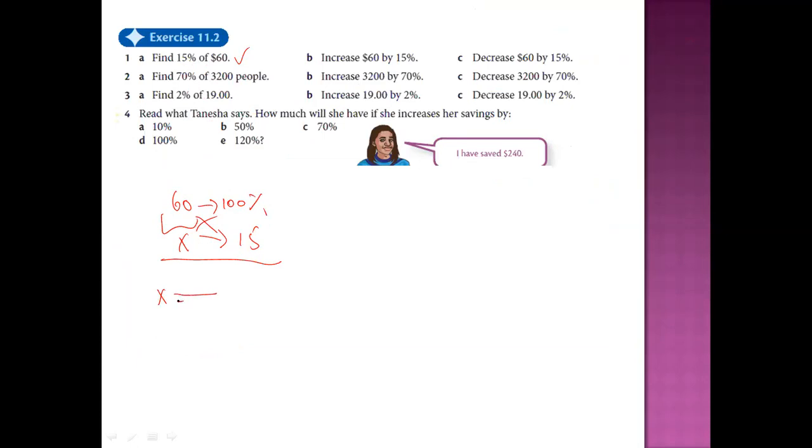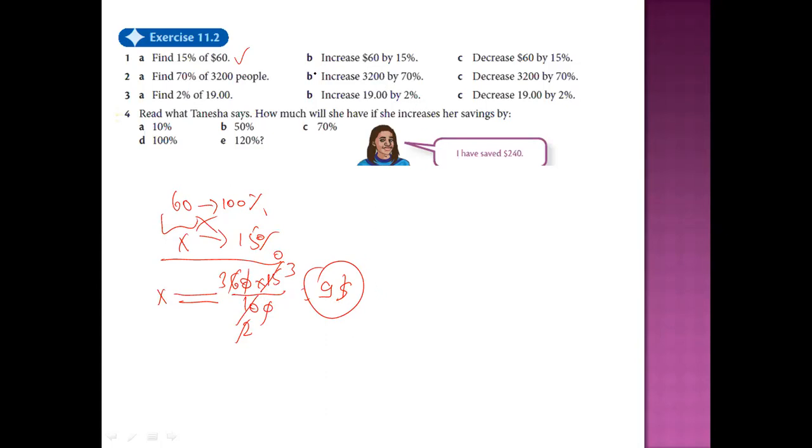X is equal to 60 times 15 divided by 100, the opposite of X. Simplifying the zeros, the common divisor of 10 and 15 is 5, and 6 divided by 2 is 3. Then 3 times 3 is 9. Of course, the unit is dollars. So 15% of 60 is $9.